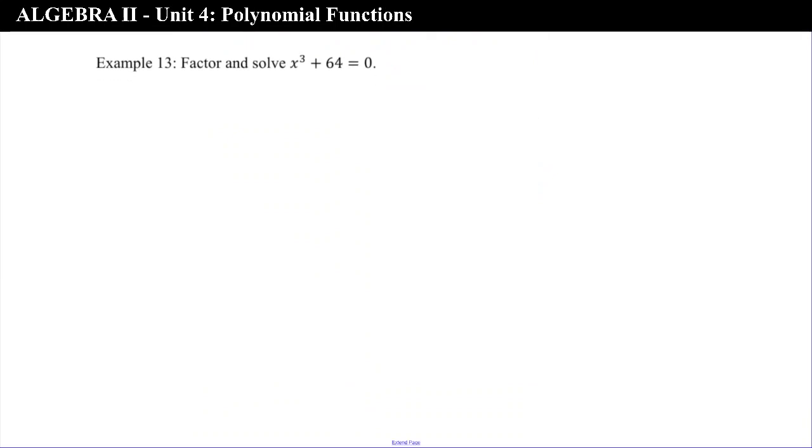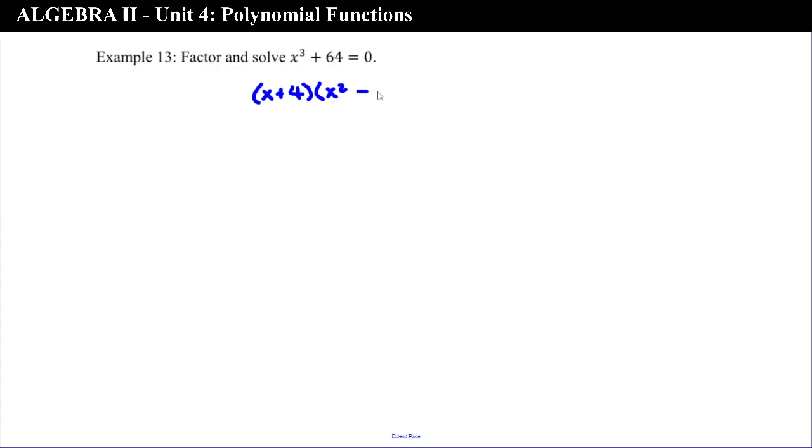Example 13 is a sum of cubes. So very similarly, we are going to solve this as such. Cube root of the first plus the cube root of the second. Then we have our a squared minus ab, which is 4x, plus b squared, which is 16.